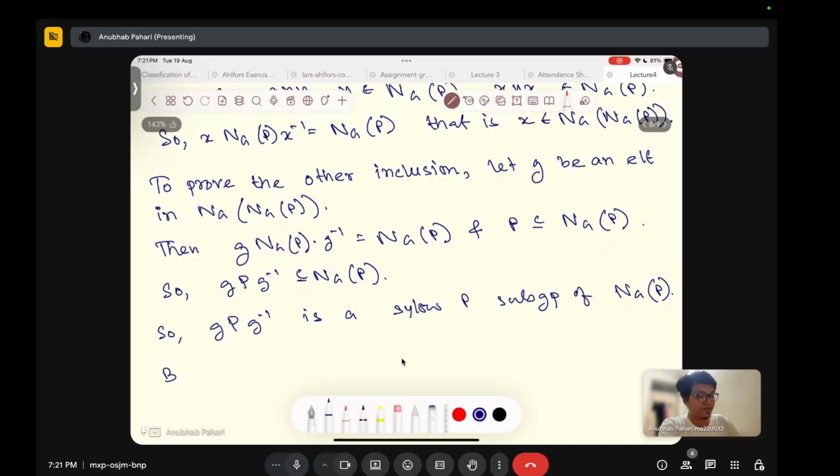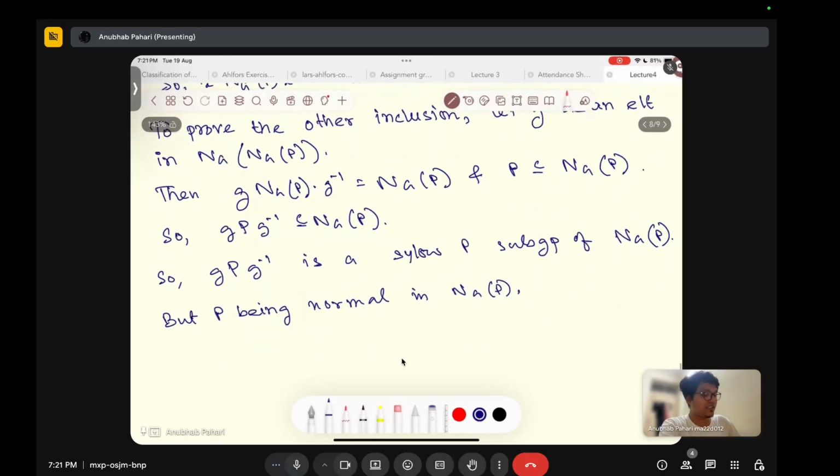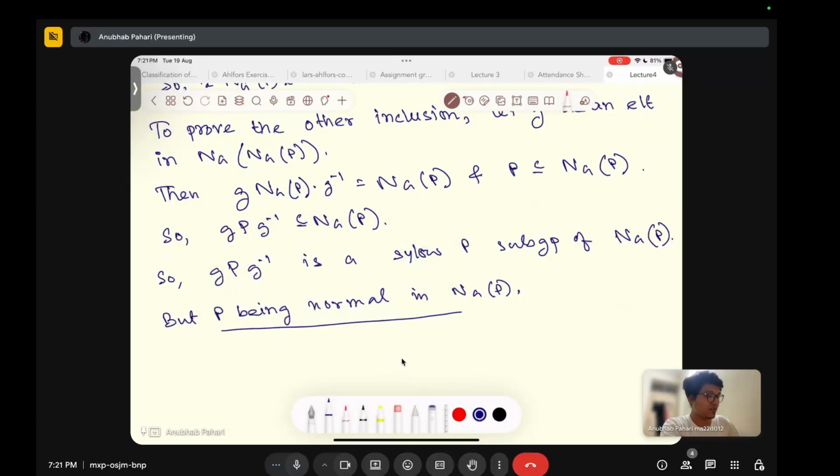But P being normal in N_G(P), this is a theorem, so you can just keep that as an exercise. This is not hard, this is actually a two-liner exercise.